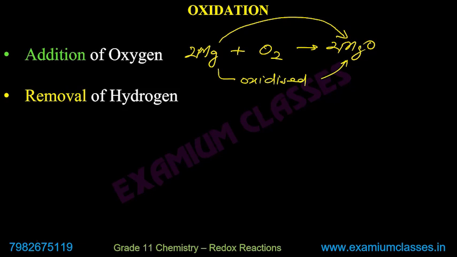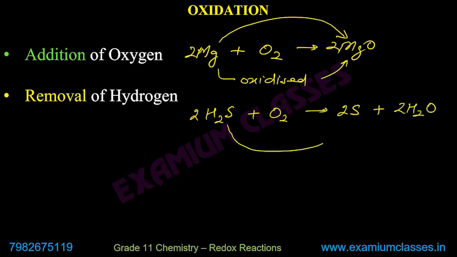For example, you have hydrogen sulfide and it reacts with oxygen, you get 2S plus 2H. Now, if you see from here to here, hydrogen is removed. Here, sulfur was attached with hydrogen, but here there is no hydrogen.